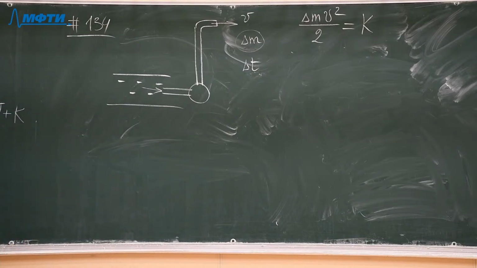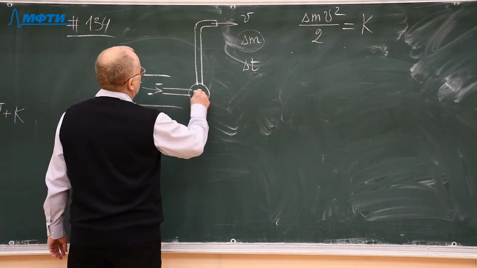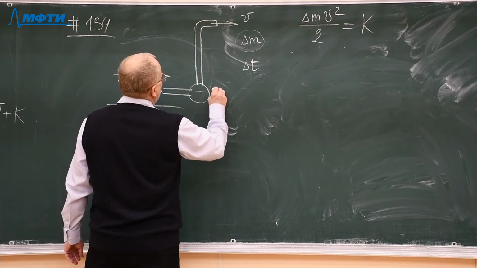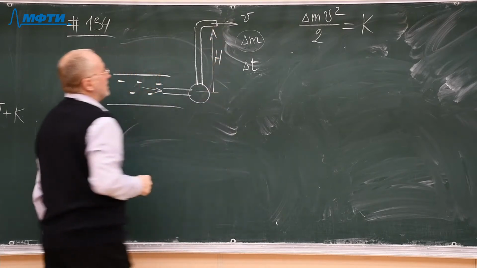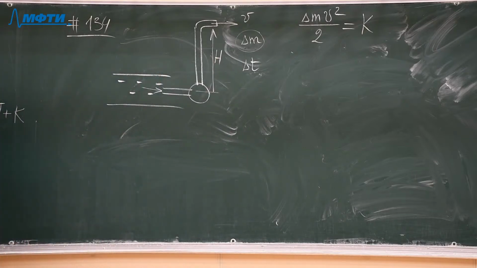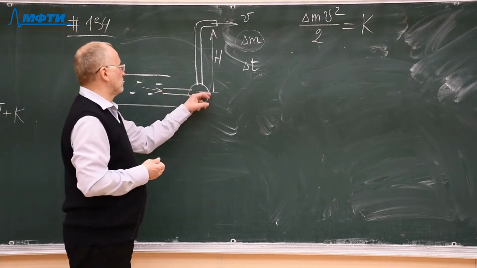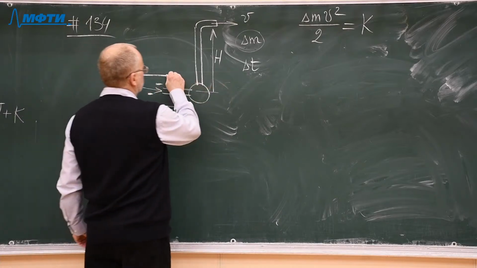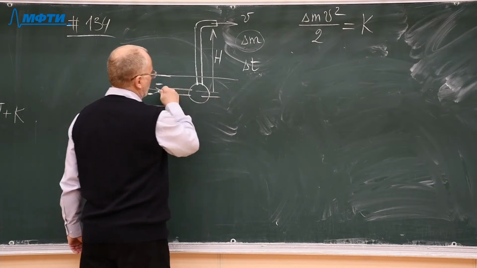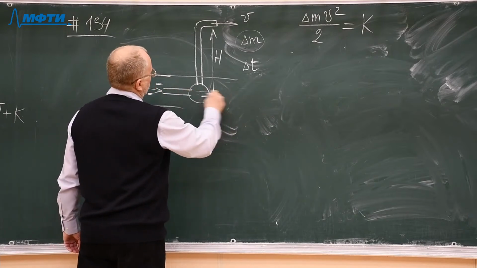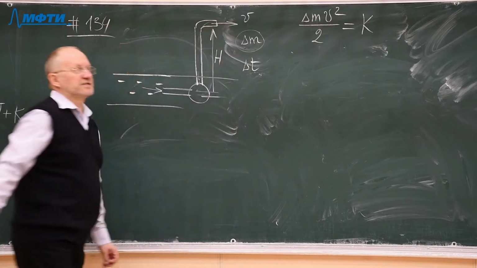But also the water goes to some height h, because usually pumps pump water to some height. There is practically no sense pumping water here, because this is the reservoir. What's the use of pumping water inside the reservoir on the same level? No use. We must lift the water to some height, h.